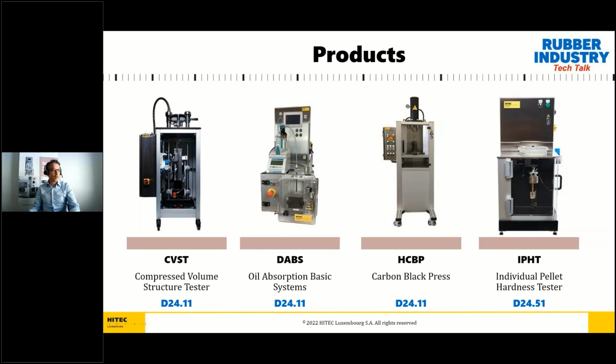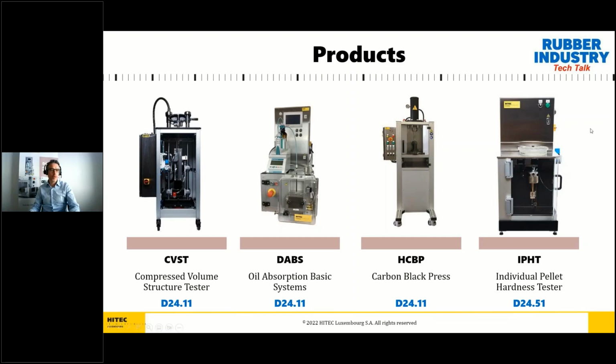Then you see the first 3 products are related to structure properties. We have the compressed volume structure tester, the DABS oil absorption basic system, and the carbon black press HCVP. The carbon black press is not exactly a testing equipment, it is more a sample preparation tool. We will see in detail what it is used for later.